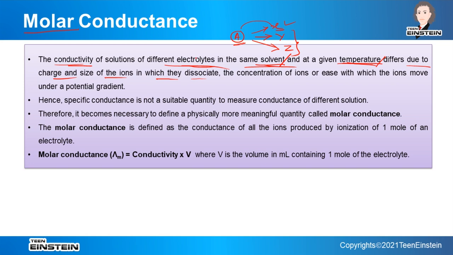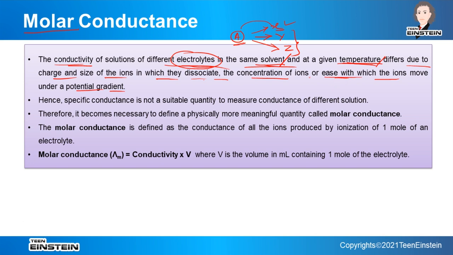As you have taken different types of electrolytes, obviously the charge of the ions, the size of the ions, everything will differ. It differs due to the charge and size of the ions in which they dissociate, and also because of the concentration of ions, and the ease with which the ions move under a potential gradient. So the ease with which, it means mobility.